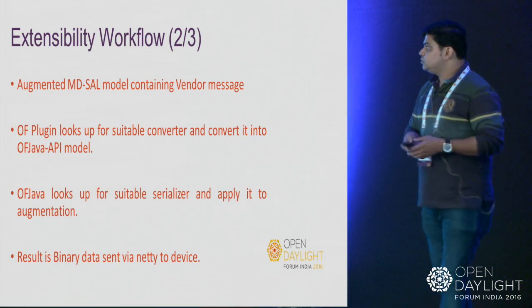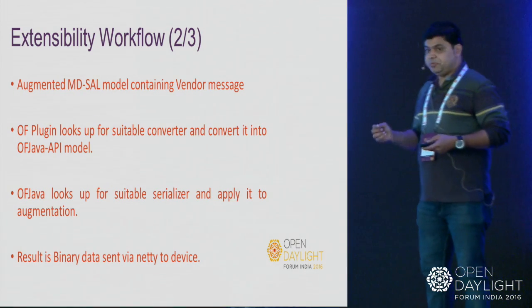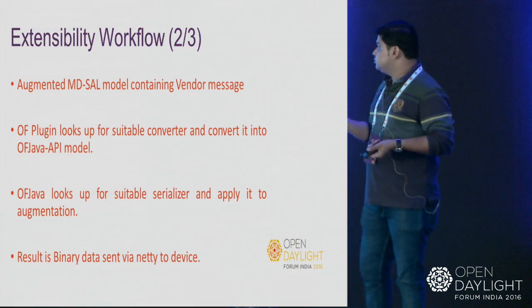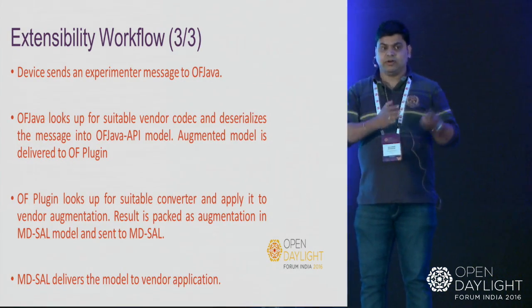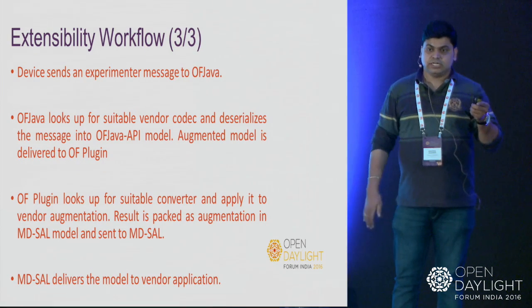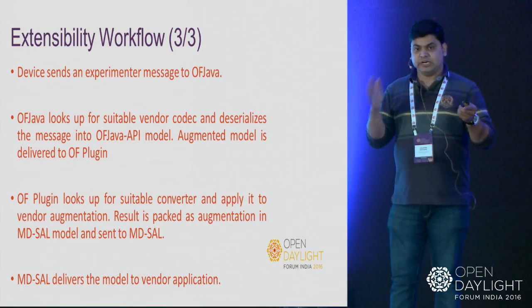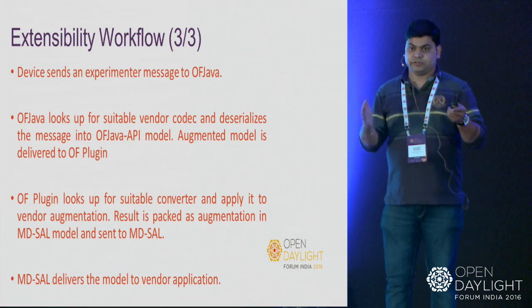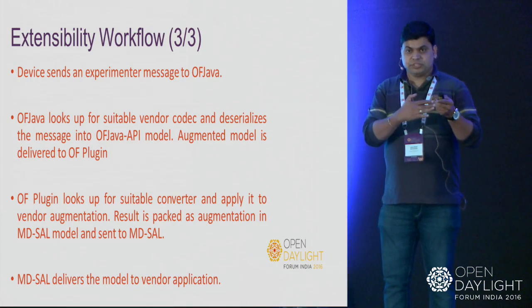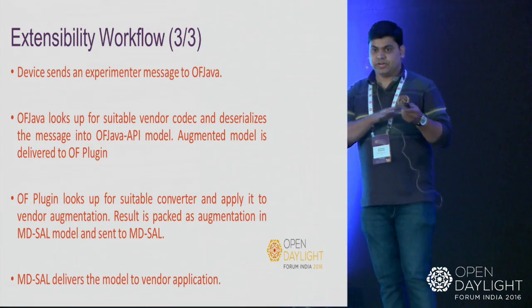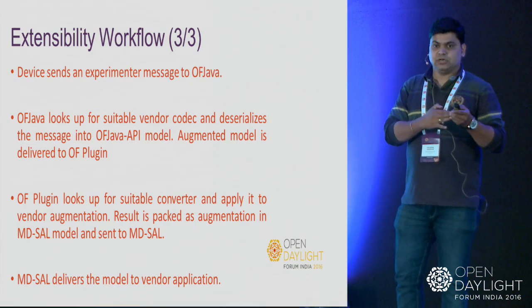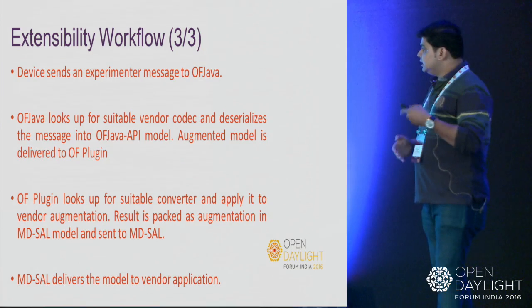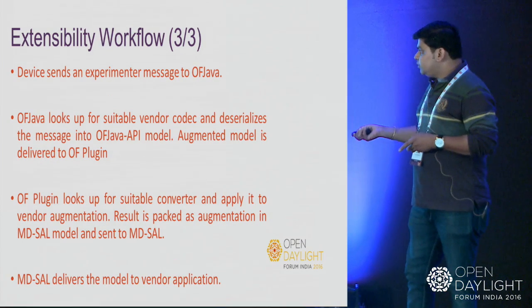Similarly, the other way. The device sends an experimenter message or a notification to the Java layer. At the start we wrote our specific serializers and deserializers, and there are generic serializers and deserializers which map to your specific ones based on your registration. So we have registered it. Now the Java layer looks up my specific deserializers, deserializes the message, and gives it to the plugin.